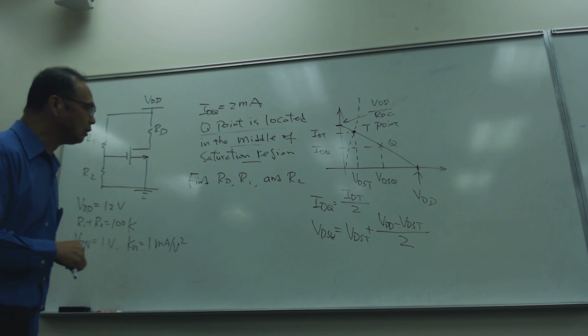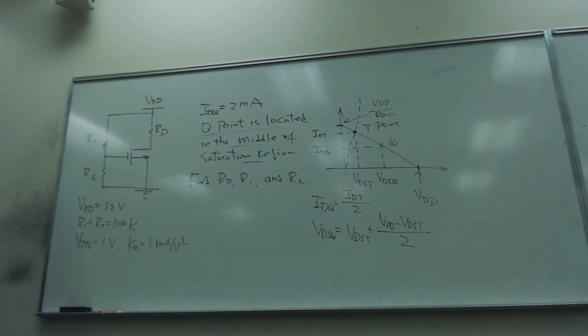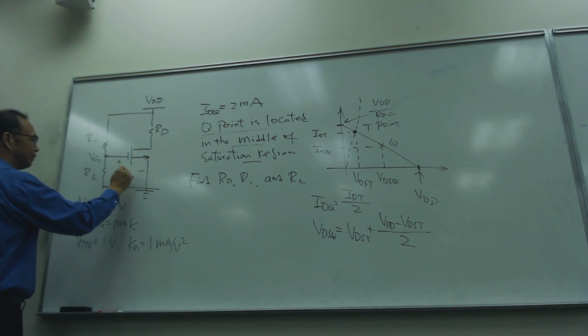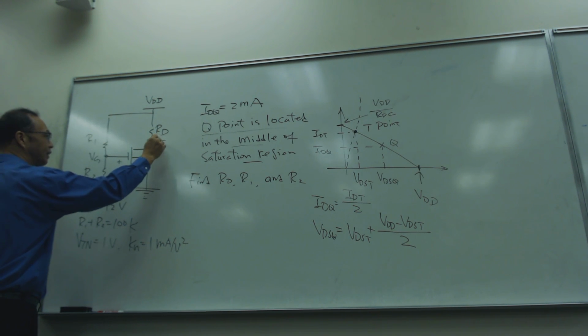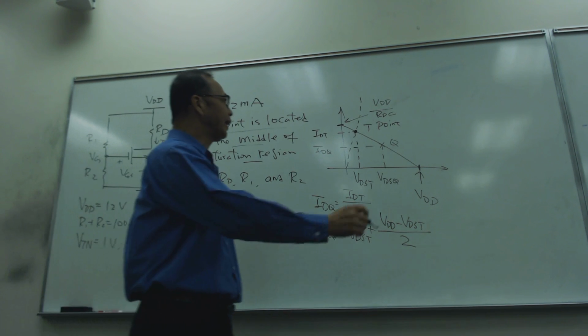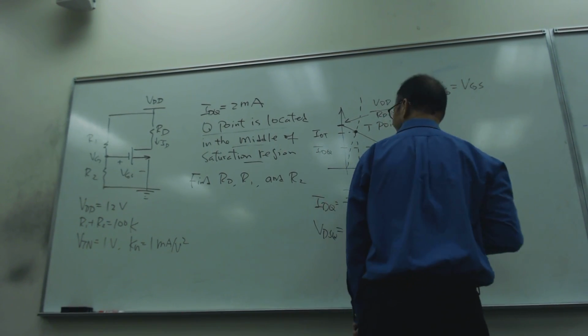Okay. So, what do we start? Well, you can look at, let's call this VG, right? And this is VGS. And this is IDP, right? Okay. So you should know that VG is the same as VGS, right?